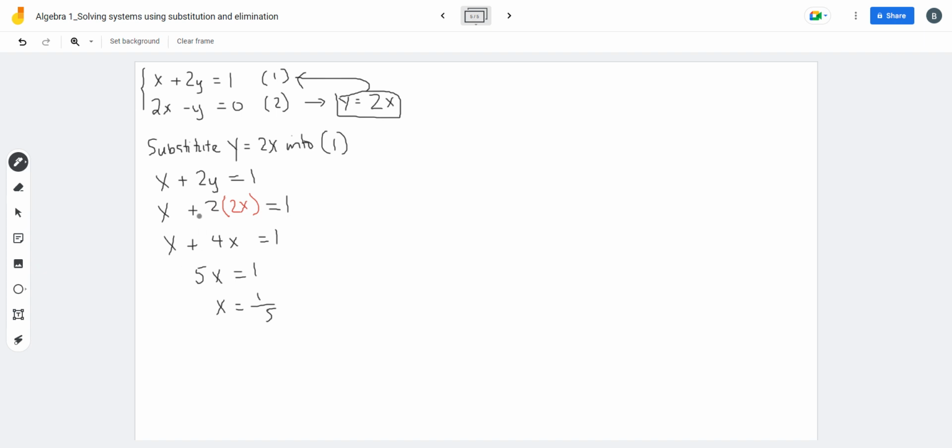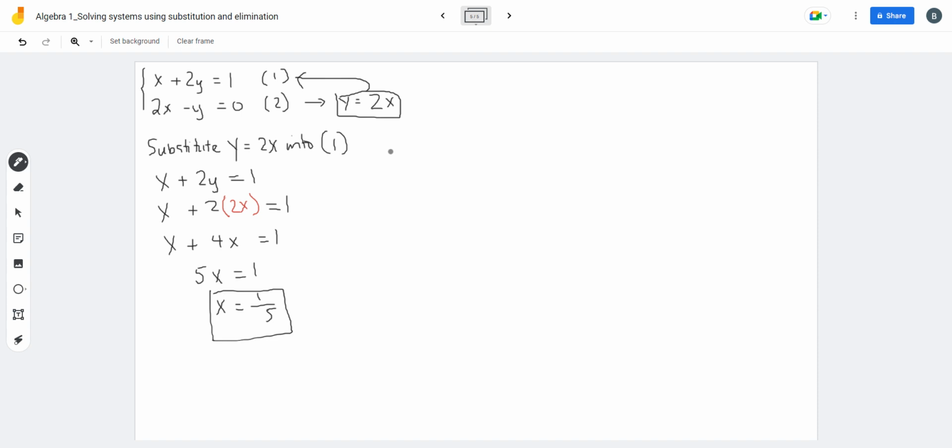I can again substitute x equal to 1 over 5 into any equation I want. In this case, if I substitute x equal to 1 over 5 here, I would have to multiply both sides by 1 over 5 and divide by 2. But let's see if this could be a little bit easier.